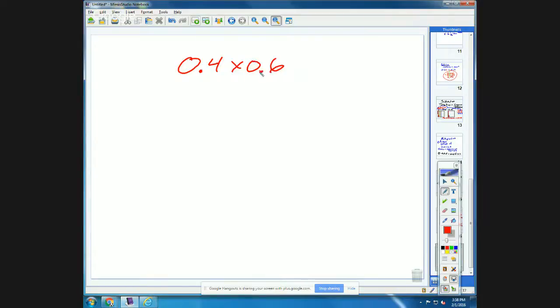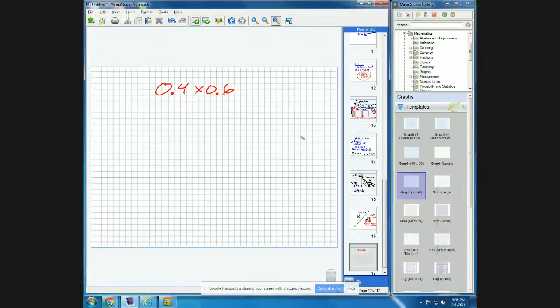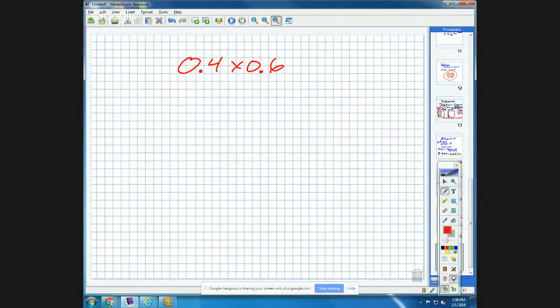So draw a picture of that using an area model. See what we get.